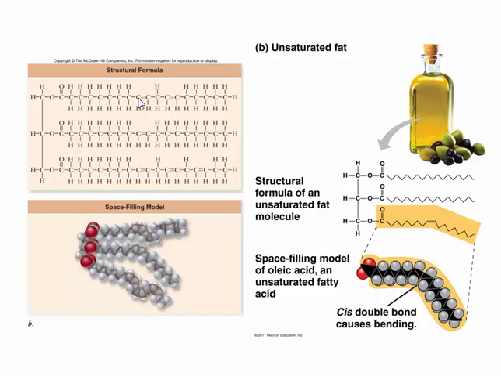The other thing that this double bond does, or many of these double bonds, is they put kinks and bends in this. So now you can't squeeze as many of these fats into the same amount of space as a saturated one, and they are less dense, and therefore they're liquid at room temperature.